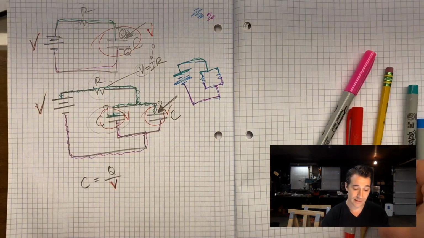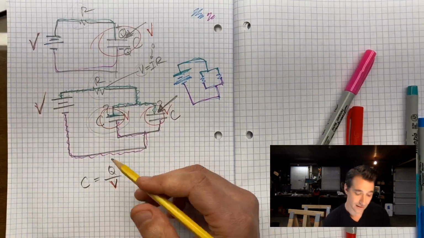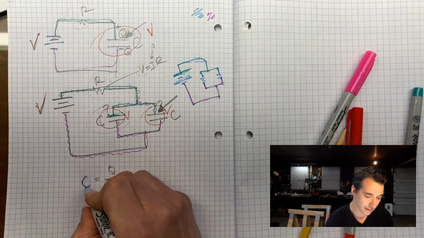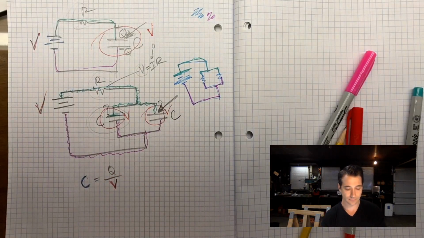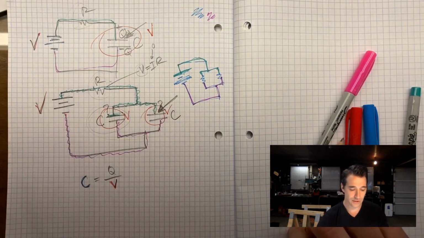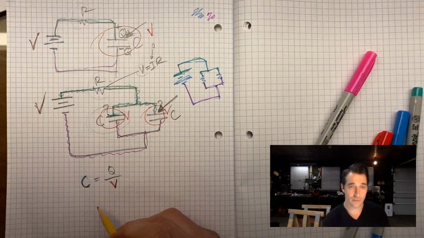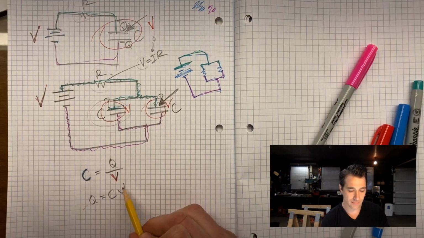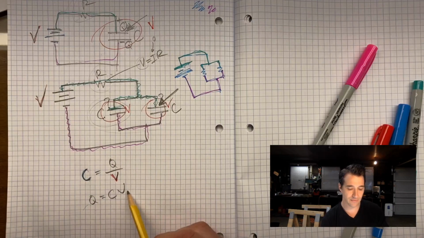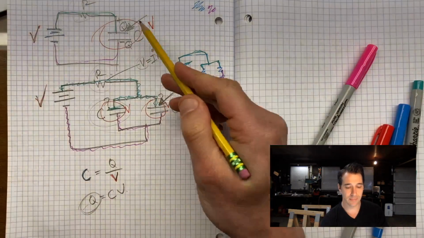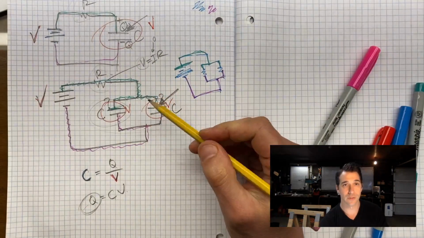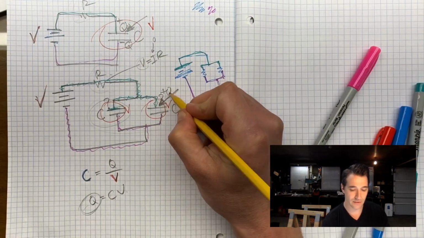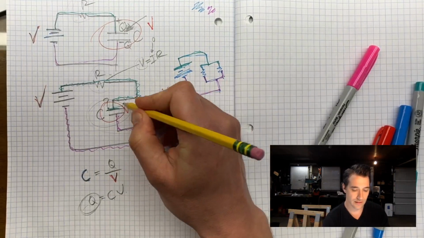They told us in the problem it was given that C is the same. So C in both circuits is the same. Okay, well if we rearrange these, Q is always going to be C times V. And if C is the same and V is the same, Q is the same in both cases. So this positive Q equals this positive Q, which equals this positive Q.